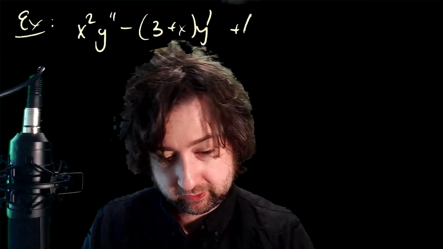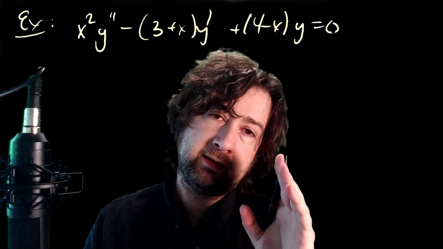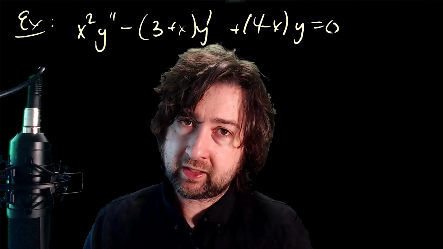All right, so let's check out a specific example of solution finding using the theorem that we just wrote down with the 3 cases. This exact equation that we'll work with will be x squared y prime prime minus (3 plus x) y prime plus (4 minus x) y is equal to 0. And we're not being asked to find the solutions.